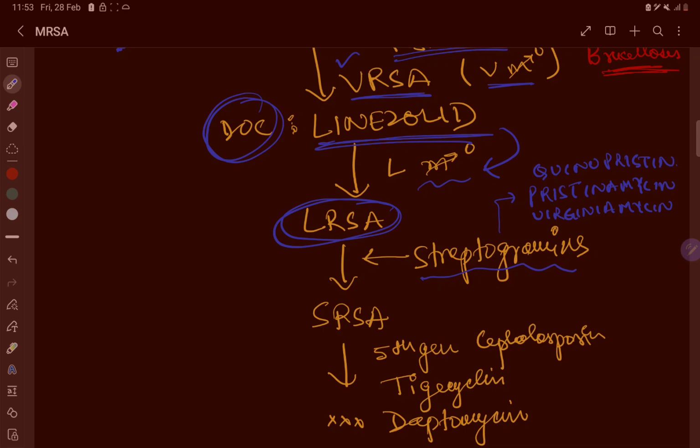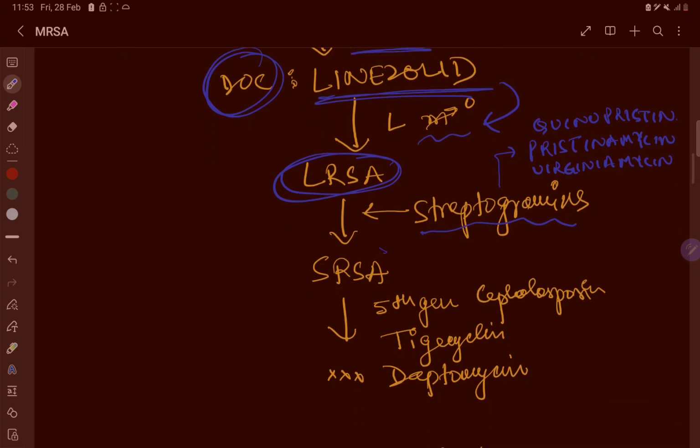Okay, these are the drugs of streptogramins, and suppose resistance develops against streptogramins also. Now the treatment which is very fatal to the bacteria is tigecycline, 5th generation cephalosporin, and daptomycin.